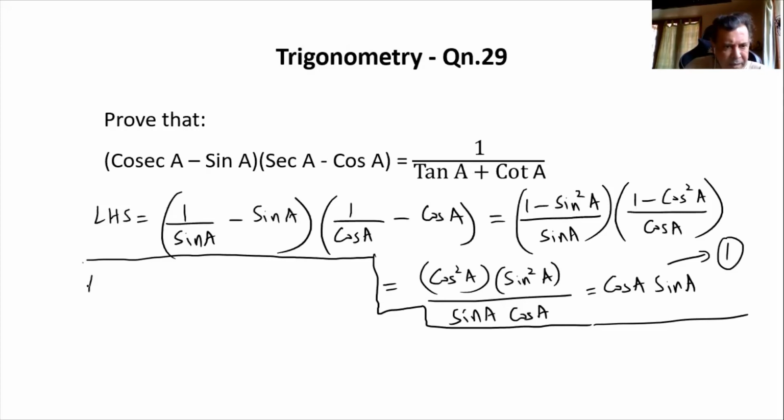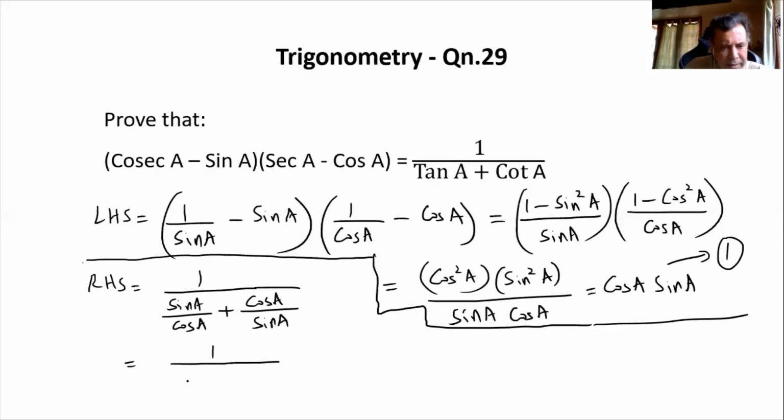Now start expanding right hand side. 1 divided by tan A can be written as sin A by cos A. Cot A can be written as cos A divided by sin A. So now 1 divided by, let us take the LCM.